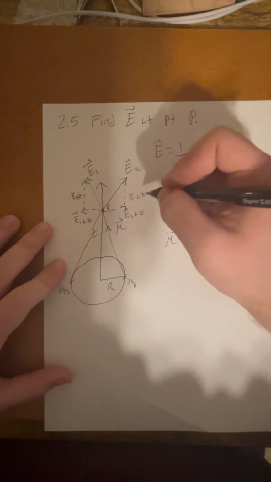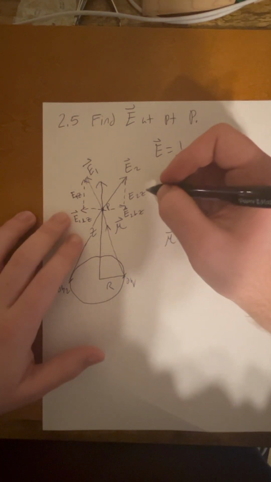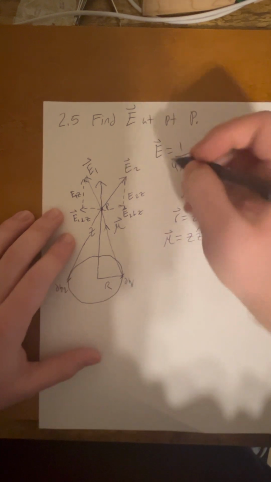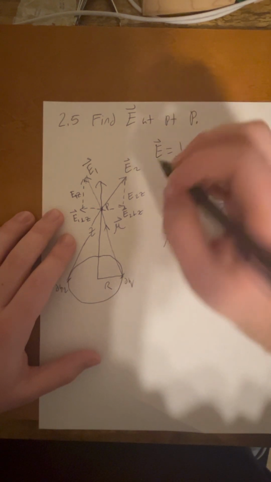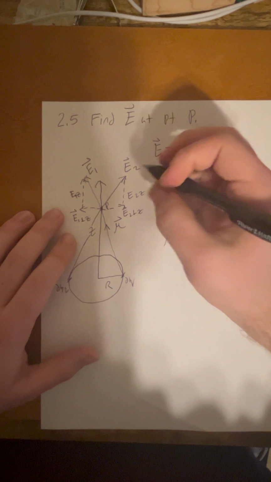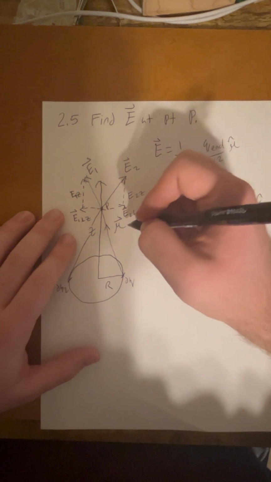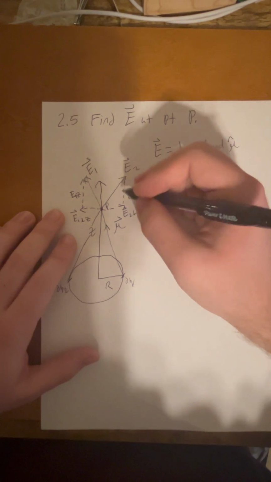Now what you'll come to notice is that E1 perpendicular to z and E2 perpendicular to z, perpendicular to the z-axis to be more specific, are equal in magnitude but opposite in direction, so they will cancel each other out.